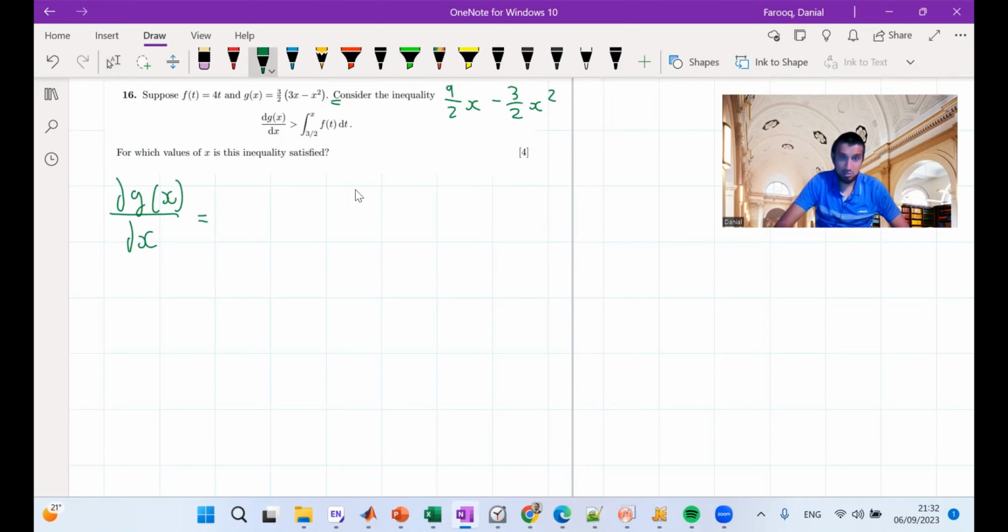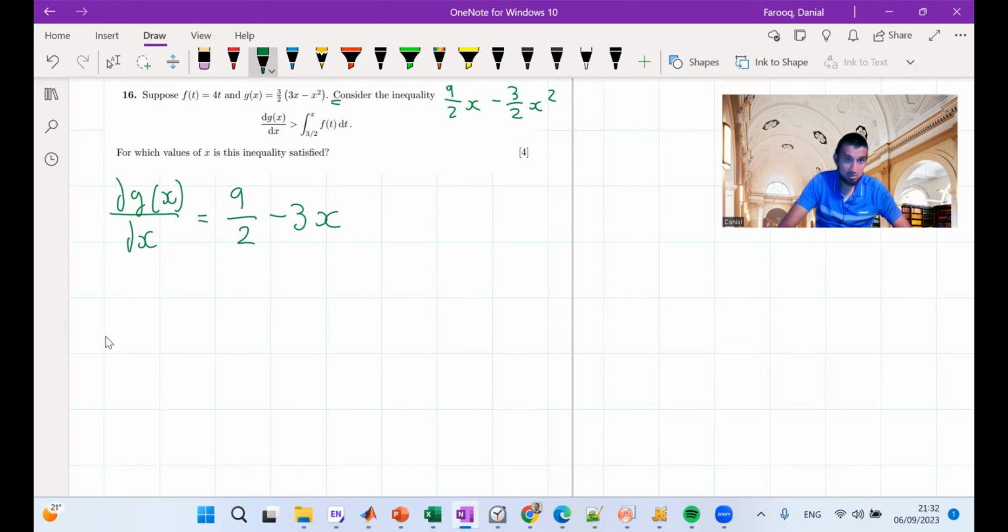So 9 over 2x, the derivative would just be 9 over 2, because 1 times 9 over 2 is 9 over 2, and then the x, 1 minus 1, we get x power 0, and then that would just be 1, okay? And then the next one, 2 times a minus 3 over 2 would be minus 3, and then minus 1 over the power, okay? And then that is the derivative, okay?